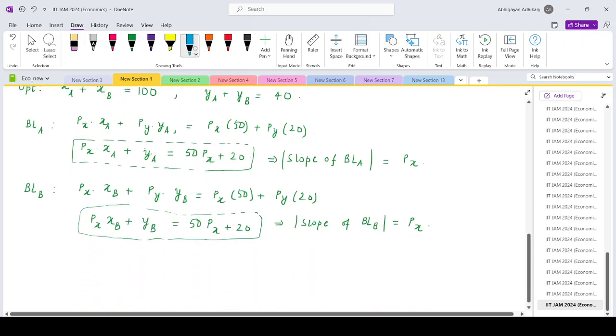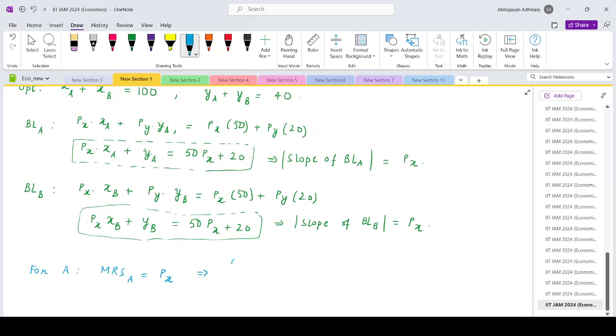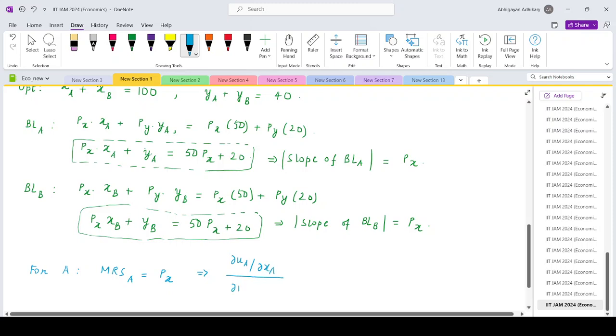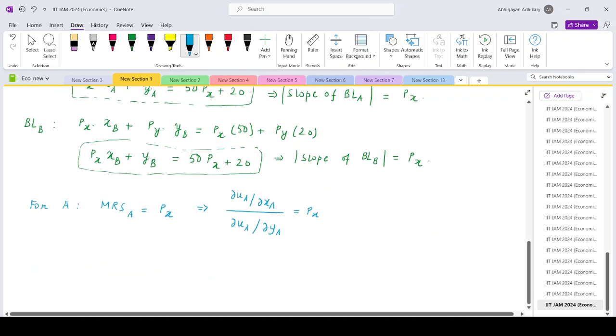So if we solve the optimization problem for consumer A, the optimum will occur where MRS of A is equal to Px. What is MRS of A? It is del UA by del XA divided by del UA by del YA, which is equal to Px.